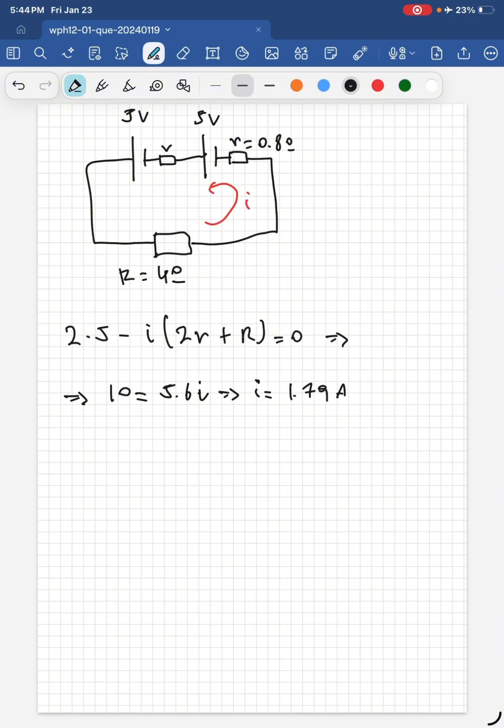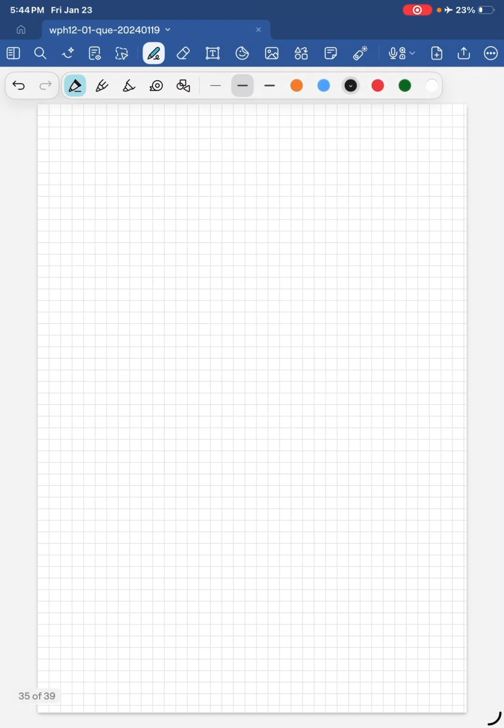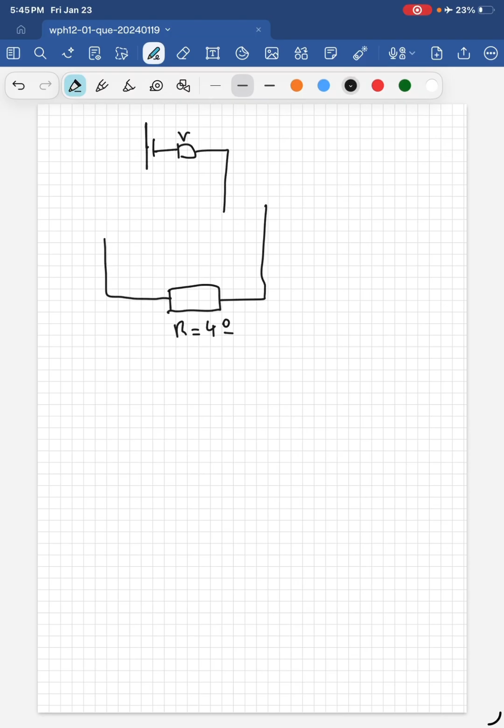Okay. So let's now connect them in parallel. Let me use another clean page. So in the second investigation, we still have this resistor, 4 ohms. But we now connect the solar cells, which we will replace with batteries, in parallel. So this is the arrangement. This is R, this is the battery, and this is the circuit.